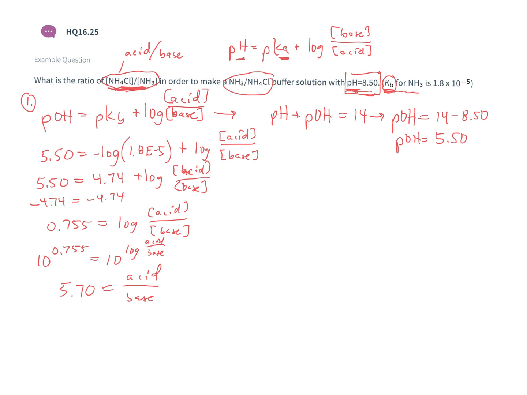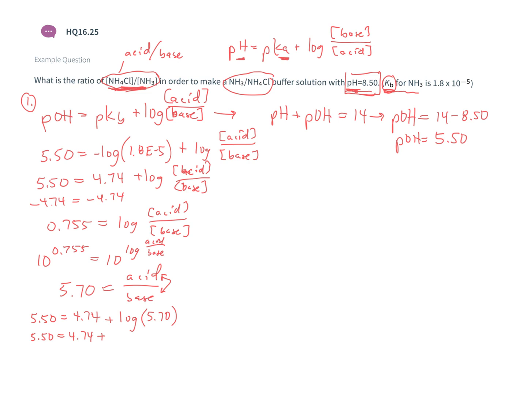And if we were unsure about this, we could take that and plug it back into our calculation and make sure that this worked. So if I plug this into my calculation, I get 5.5 equals the negative log of my Kb, 4.74, plus the log of, I don't know these concentrations, but I do know the ratio is 5.7. So I get 5.5 equals 4.74 plus the log of 5.7.